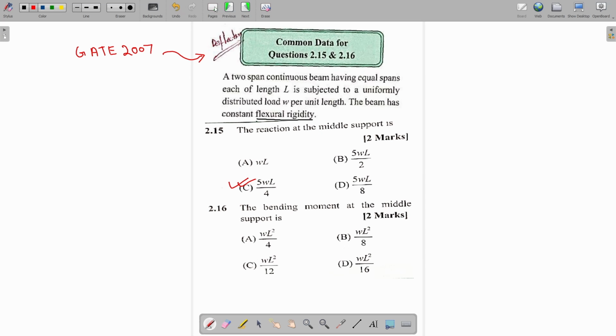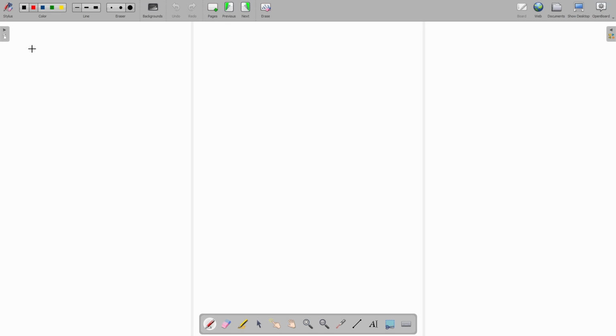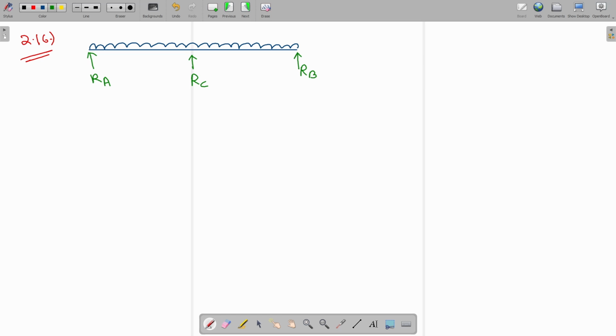Now for question number 2.16, we are going to draw the same beam. This is the reaction force RA, this is RC, and this is RB. Here we apply the equation of equilibrium, summation of Fy equal to 0.